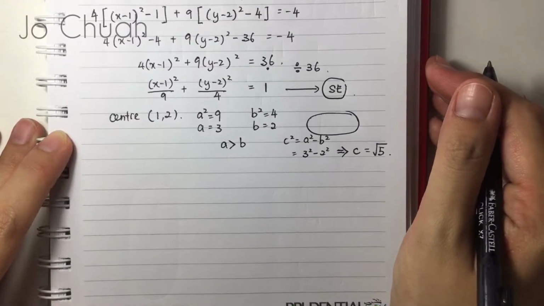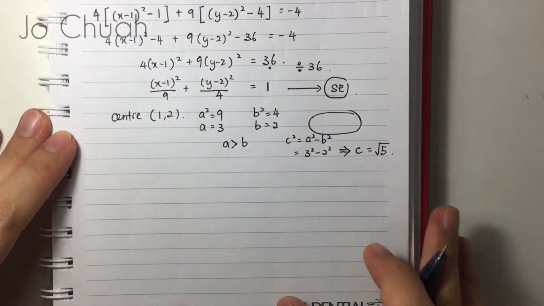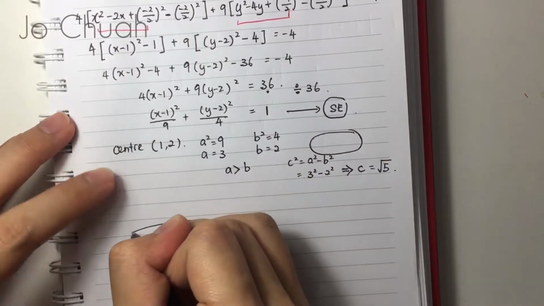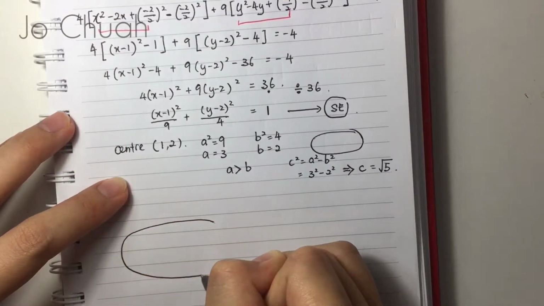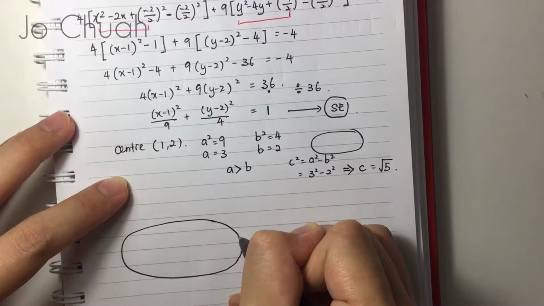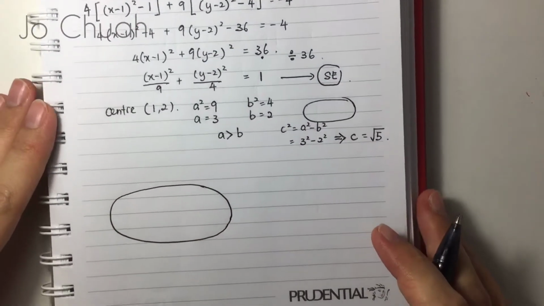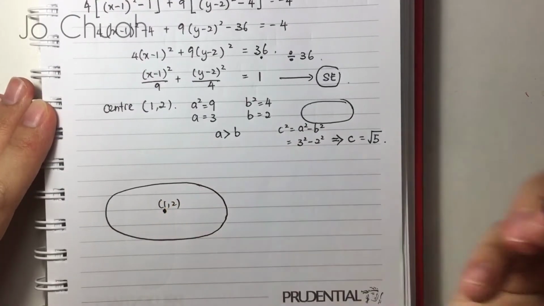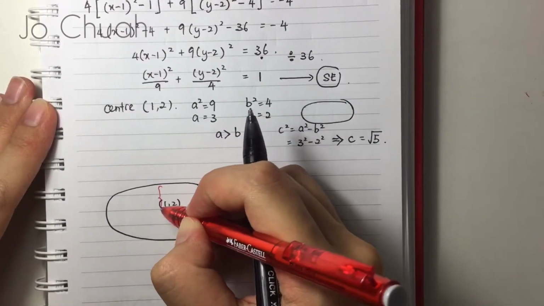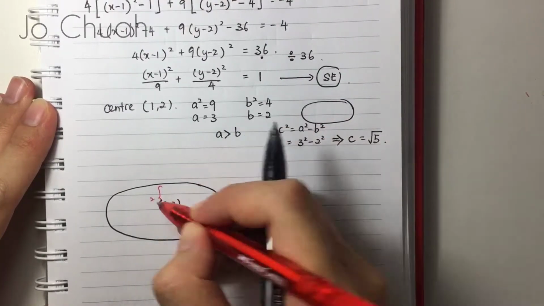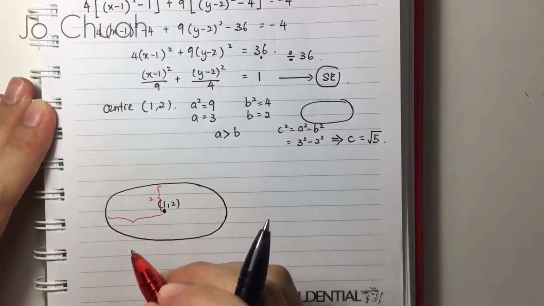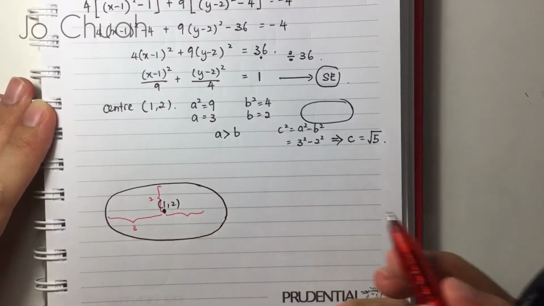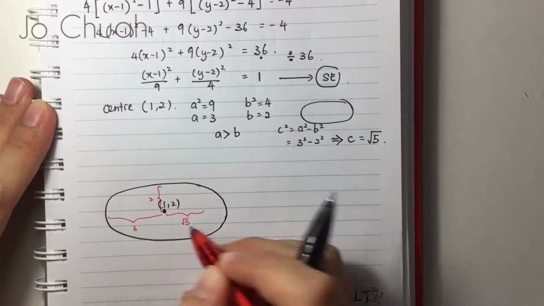Okay, we have all this information. Now we're going to sketch the diagram. So it's going to be something like this. Okay, the center is (1, 2). So this height is going to be b, which is 2, and this is a, which is 3, and this is the distance c, which is the square root of 5.